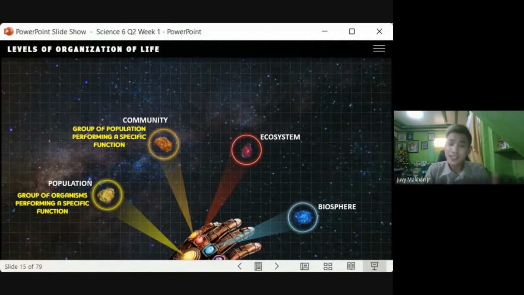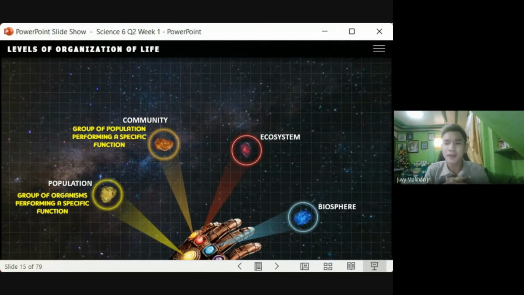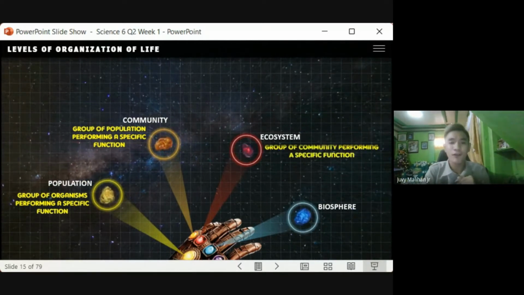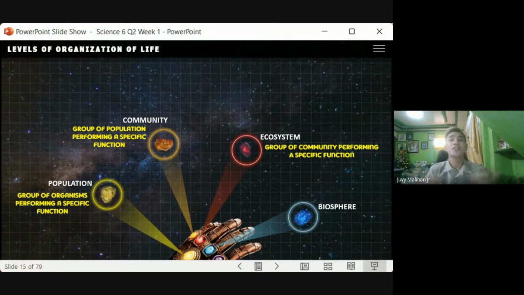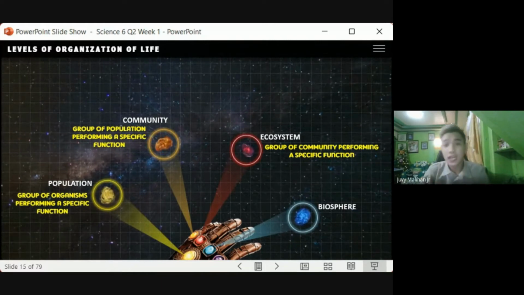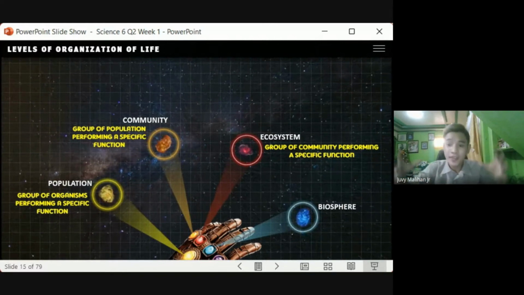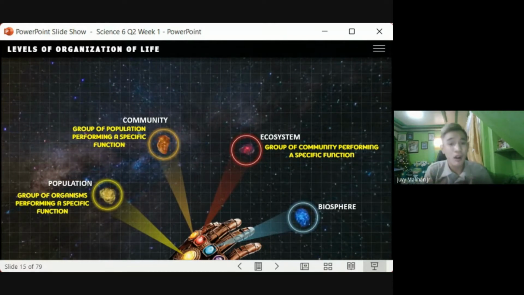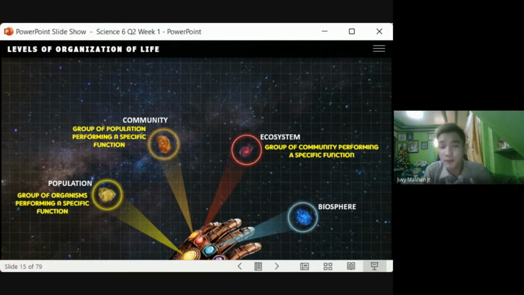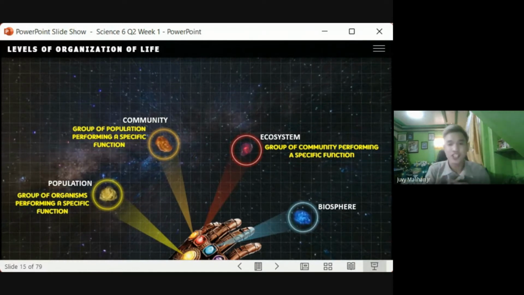Now, when this community is grouped together, this will form an ecosystem. When we say ecosystem, it is an interaction of living and non-living organisms within a community. So this is a group of communities performing a specific function.